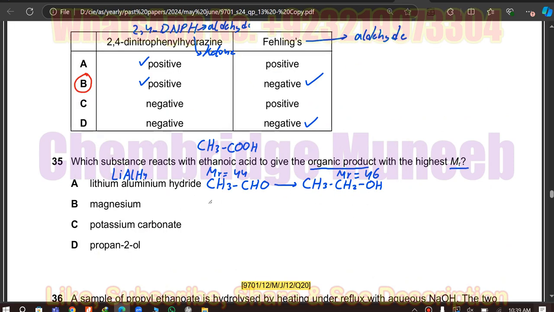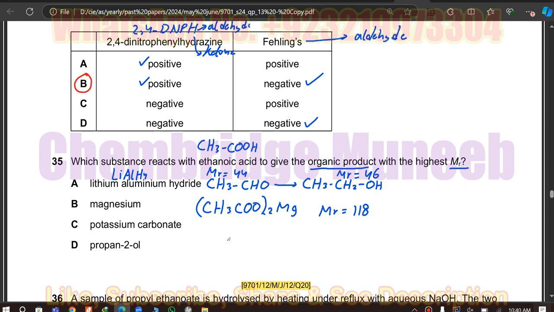So the compound will be (CH3COO)2Mg. There will be two molecules of this compound bonded with the magnesium. Now the Mr value for this compound is equal to 118. You can check this on your calculator.